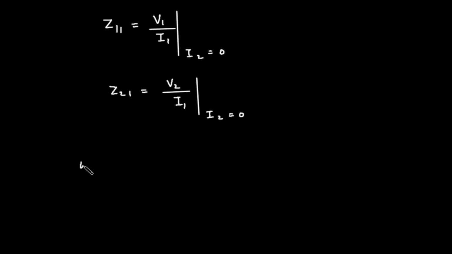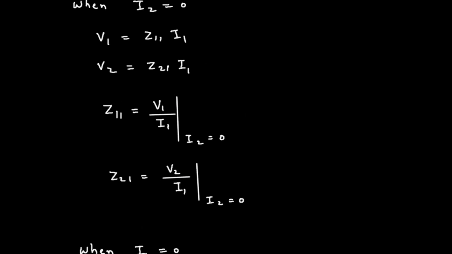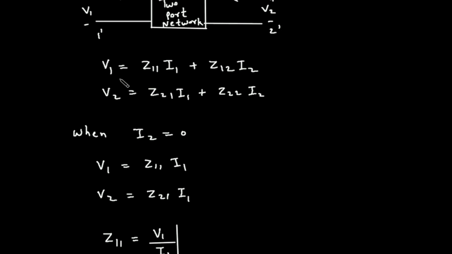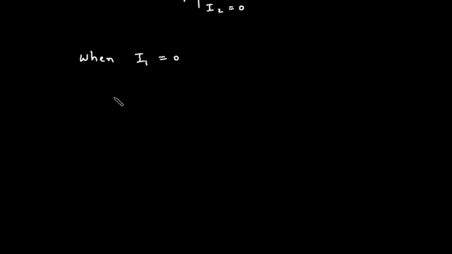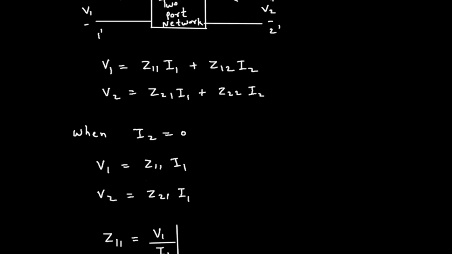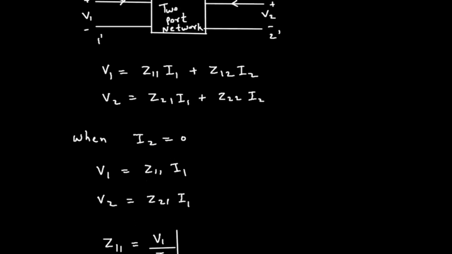So when I1 is equal to 0, at that time this term will be 0. So V1 is equal to Z12 into I2.